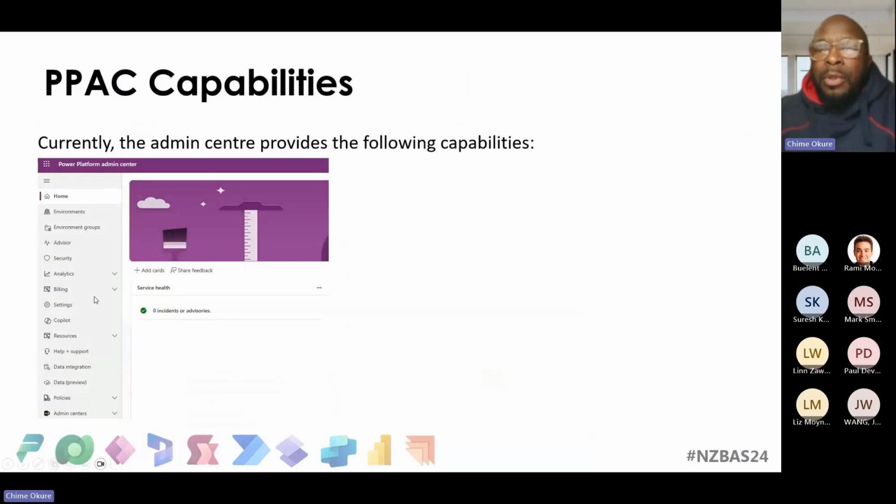Billing on this side is more of a summary of all your environments and your tenants, and any licensing attention or consumption within an environment. You'll also be able to see that on there. The new one that just came up not too long ago is settings. So you can also manage settings for all your environments and your tenants by just looking on that navigation.